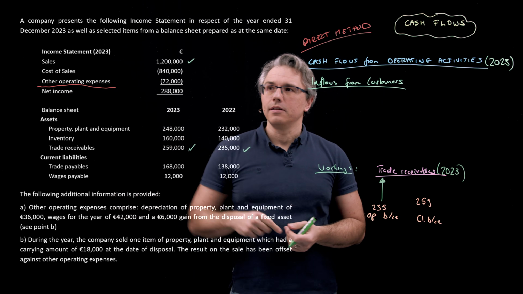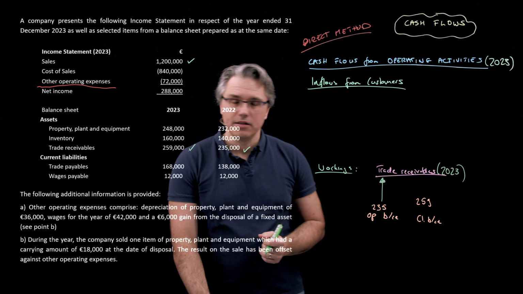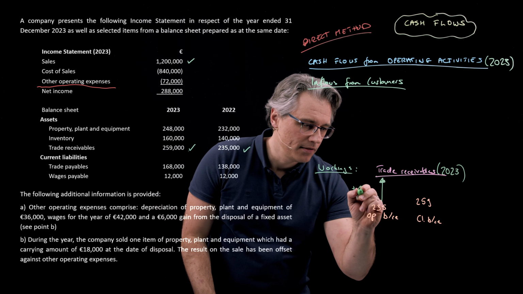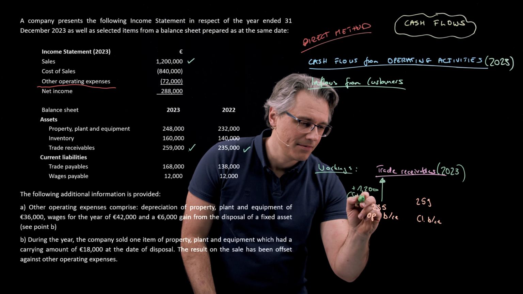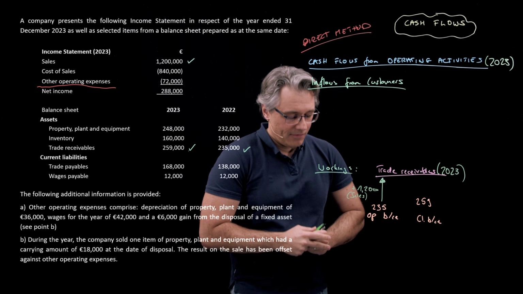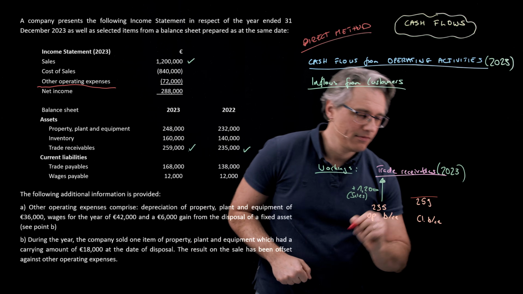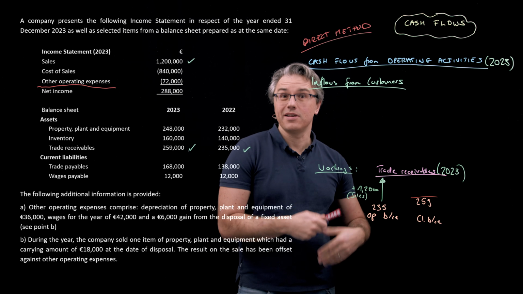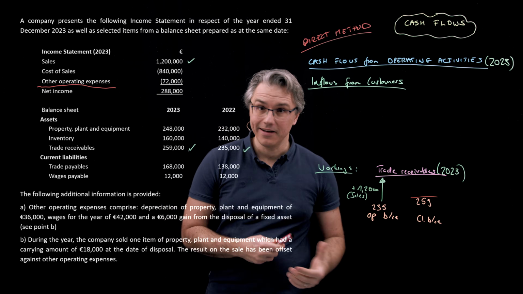And we know the complete value of the sales that were done. It was 1,200,000. So I'm going to show that this is 1,200,000. And this is sales from the income statement. Now, why did we end up at this level, 259? Because a lot of that money which clients were owing to us was actually paid.